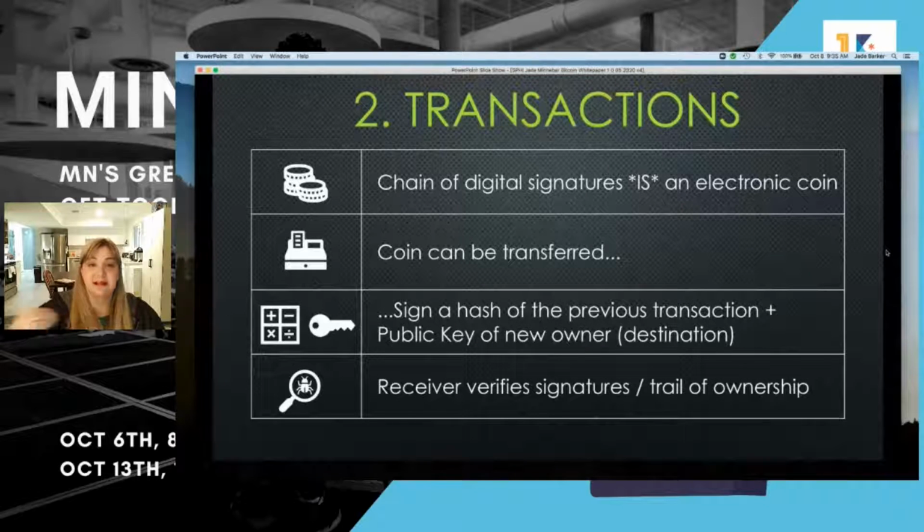And so those coins can be transferred. The way that happens is that there's a signing of a hash of a previous transaction, plus the public key of the destination of where it's going. And then once you get that actual coin, you're going to verify that all those signatures are right and there's an appropriate trail of ownership.